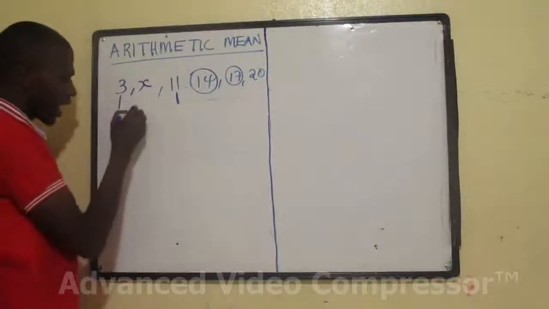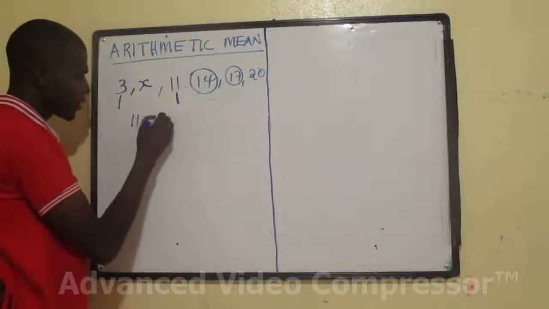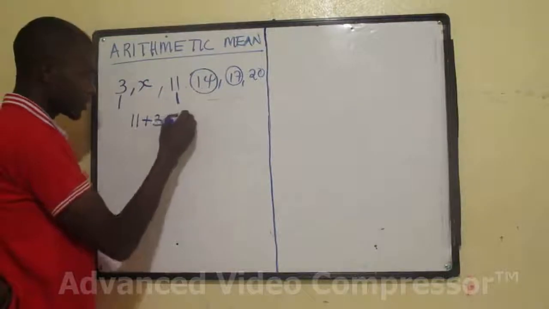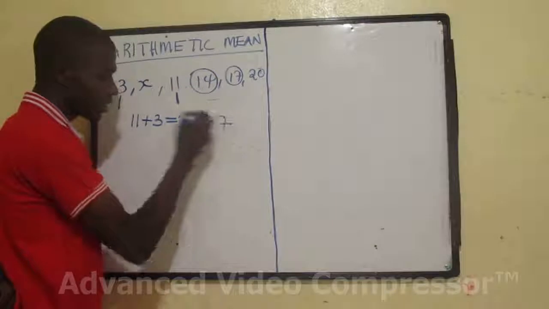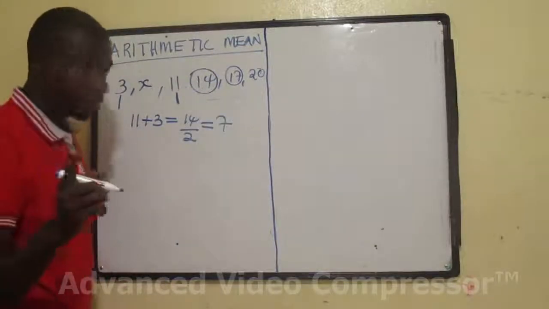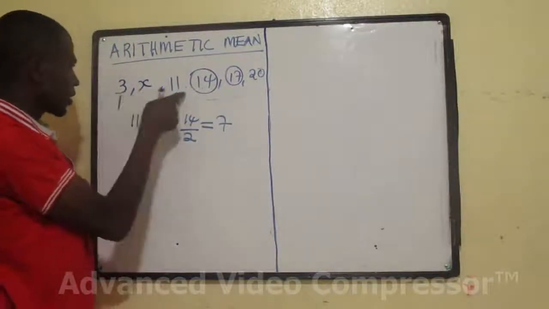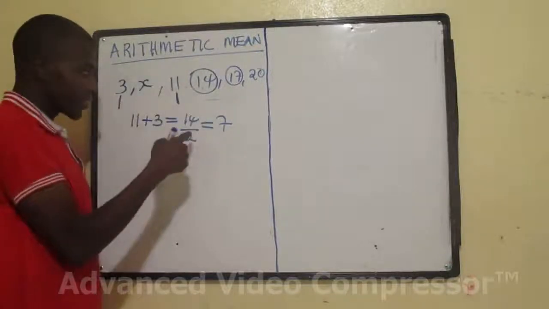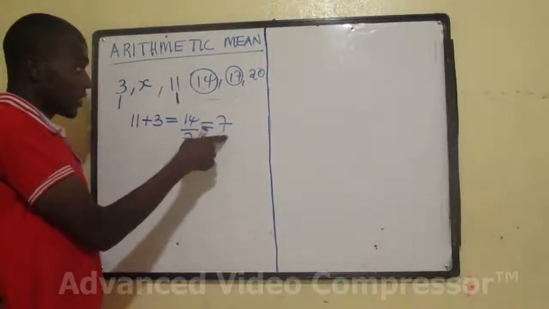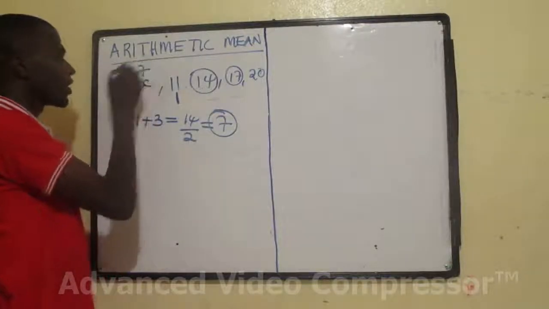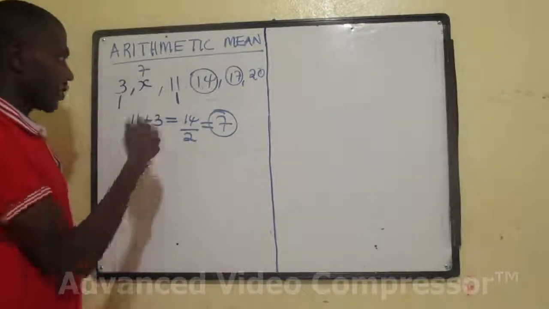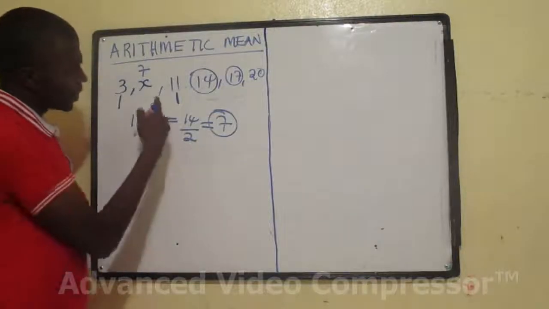Let us add 11 plus 3. This is 14. Then we divide this by 2. The answer is 7. We have added these two terms and divided the answer by 2, and the answer is the same number that we erased. Let us try something else.